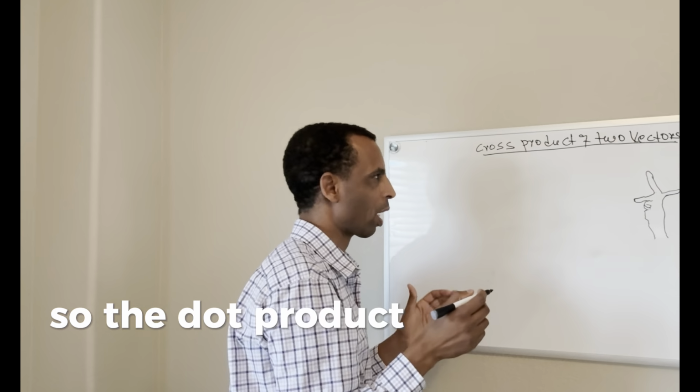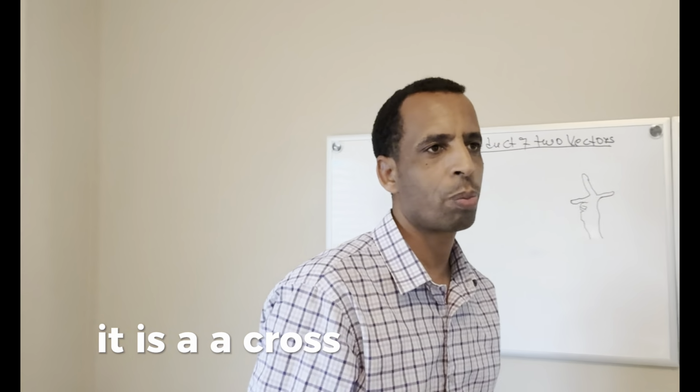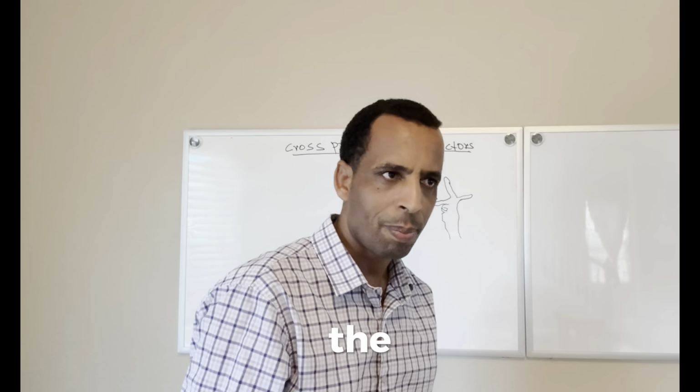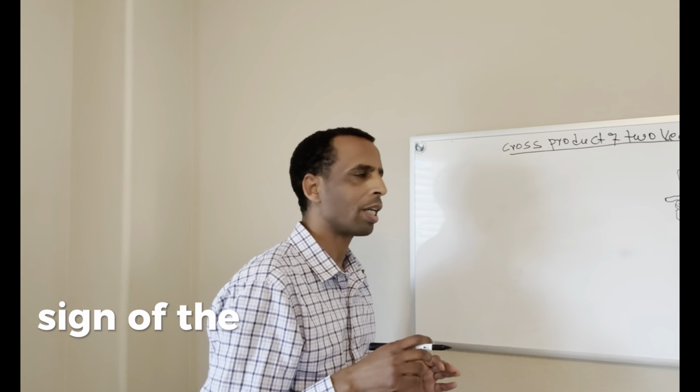The cross product is defined as A cross B equals the product of the magnitudes of A and B times sine of theta.